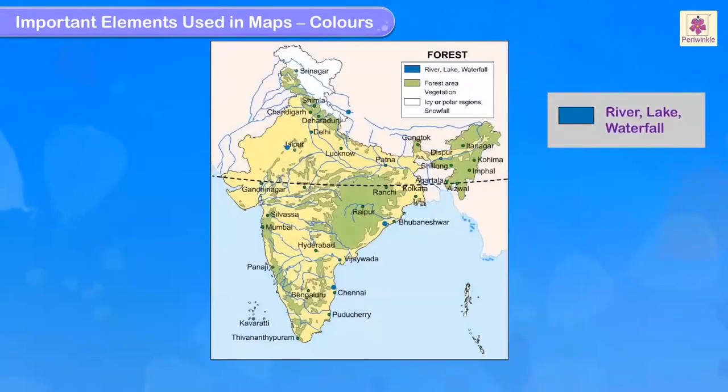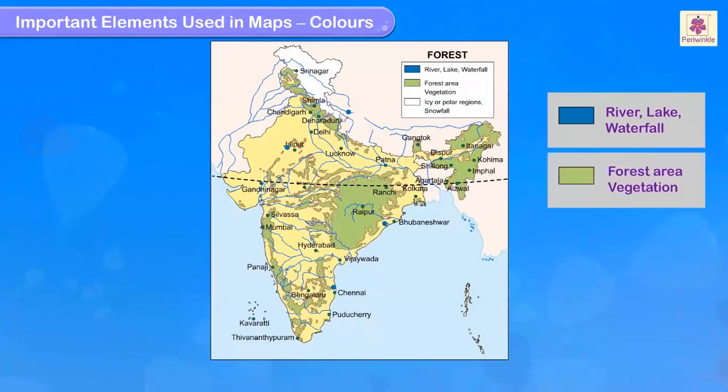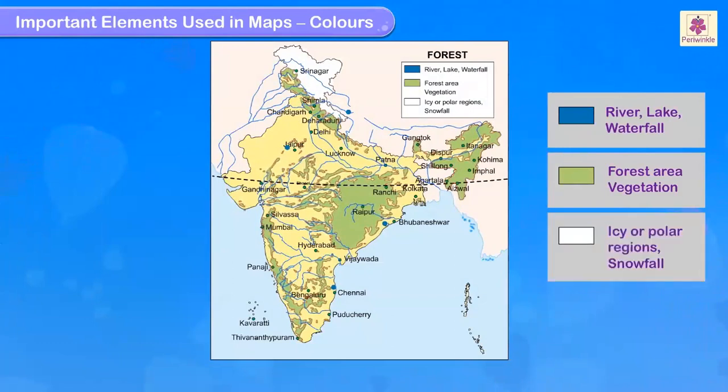Blue, water bodies such as rivers, lakes, waterfalls, etc. Green, forested areas and vegetation. White, used to show icy or polar regions or areas that receive snowfall.